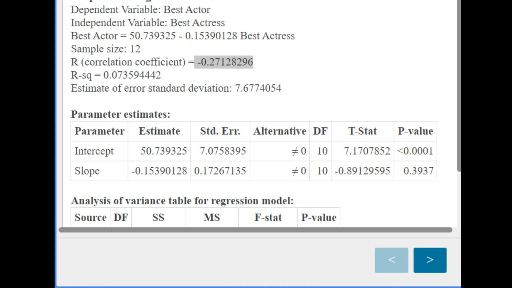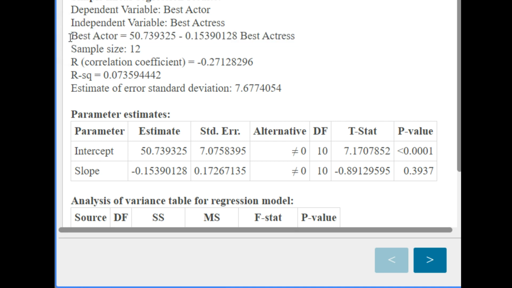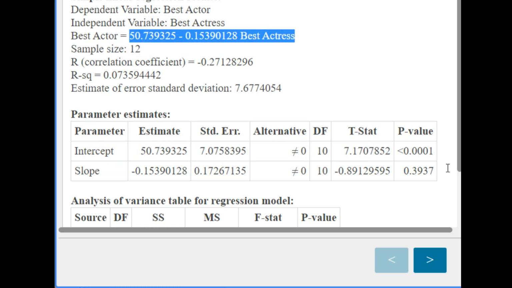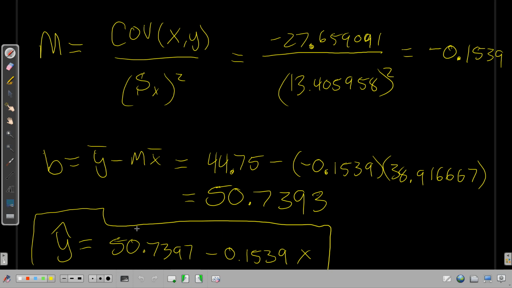And the equation of the line, you would read that as y hat is equal to b minus mx. And so 50.739. So I have 50.7397. And so we only differ just right there.